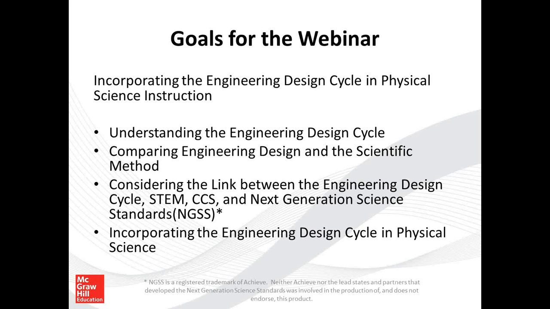We want to look at ways that they're similar and ways they're different, how they can complement each other, and considering the link between engineering design, STEM, the Common Core Standard Science Literacy, and the Next Generation Science Standards. And our final goal is incorporating the engineering design cycle in physical science, and we'll actually go through a sample classroom activity that you can use.